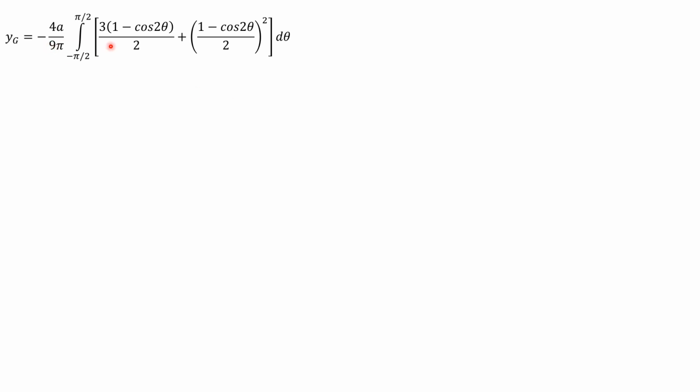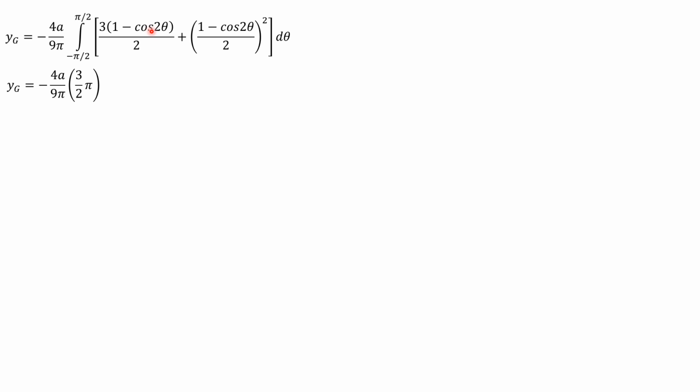So we have here yg is negative 4a over 9 pi, then quantity 3 halves of pi, because by experience, the integral of 1 d theta is theta, and limits from negative pi over 2 to pi over 2 is pi over 2 minus negative pi over 2, or just pi. So therefore, this is just 3 halves pi.